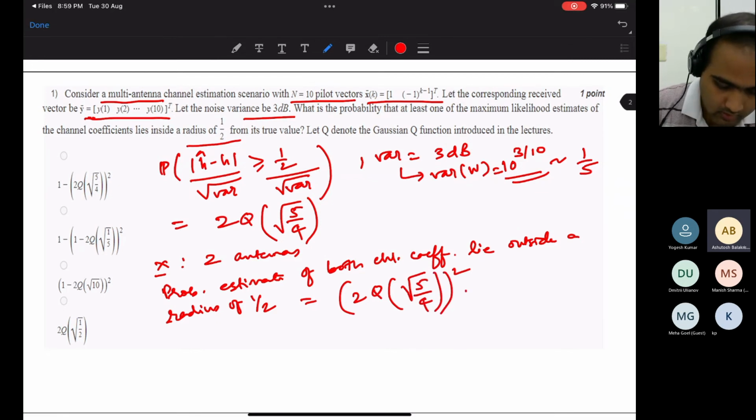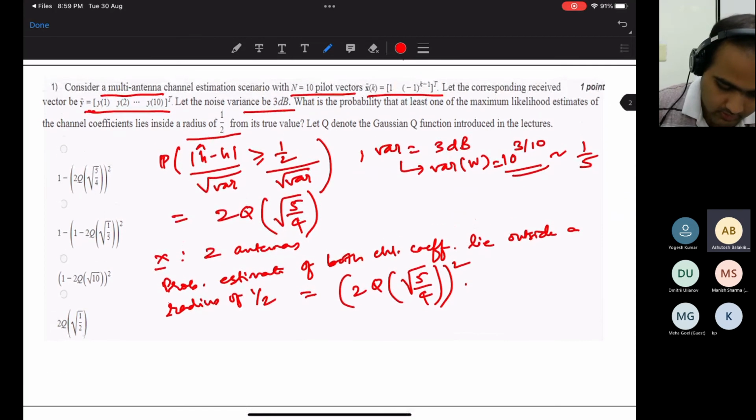Now what we have been asked is that at least one will lie within this.